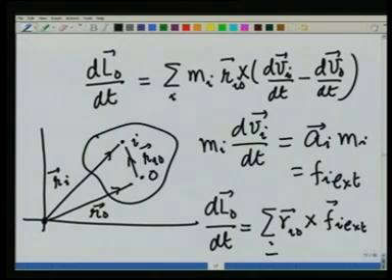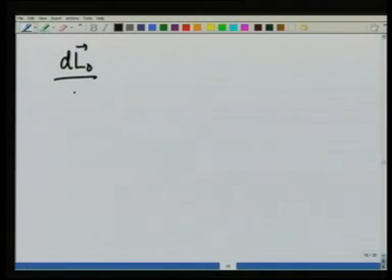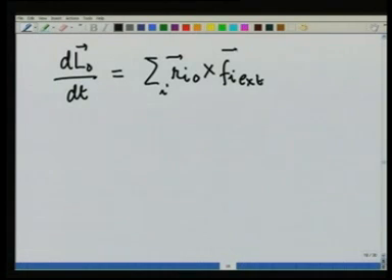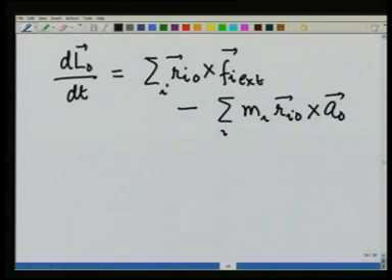minus summation m_i r_iO cross, this is nothing but the acceleration of point O. So, what we have obtained now is that the rate of change of angular momentum, when angular momentum is taken about an arbitrary point O, which could be in the body, which could be accelerating or anything, is equal to summation over i of r_iO cross F_i external only minus summation over i of m_i r_iO cross acceleration of point O itself.